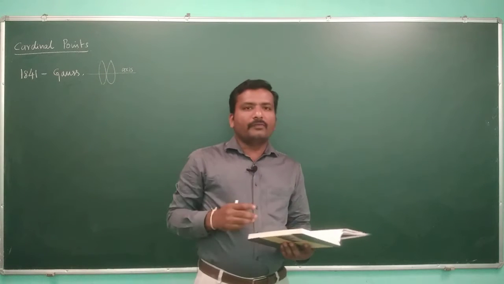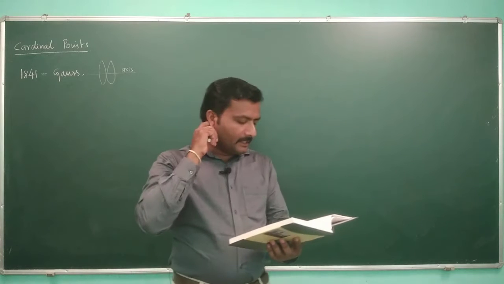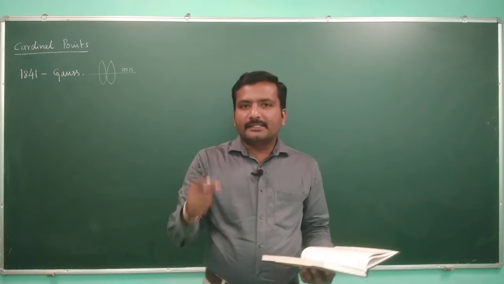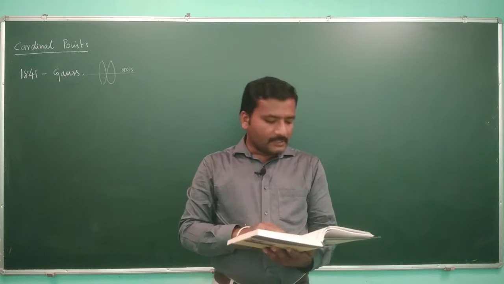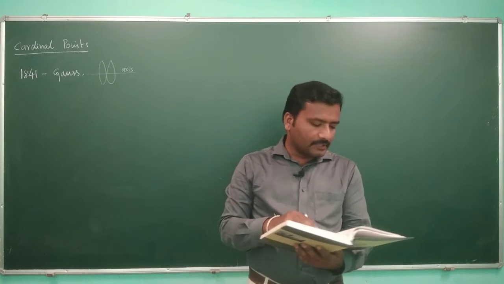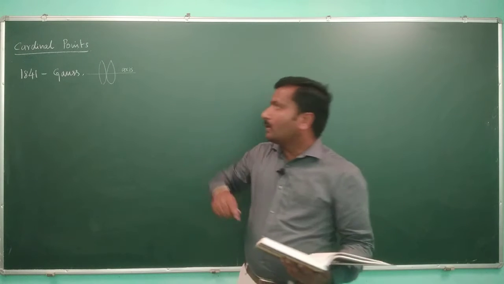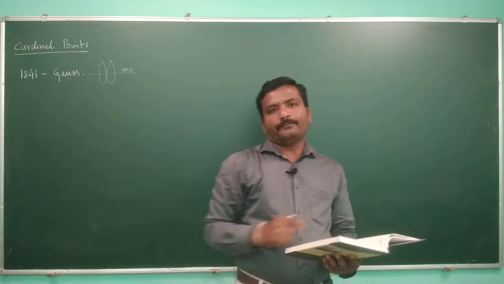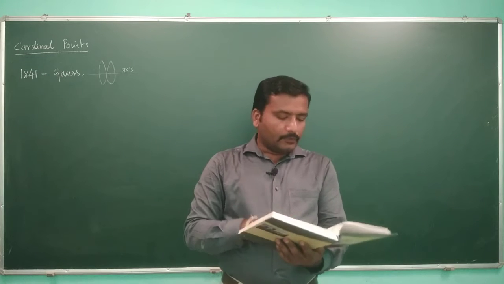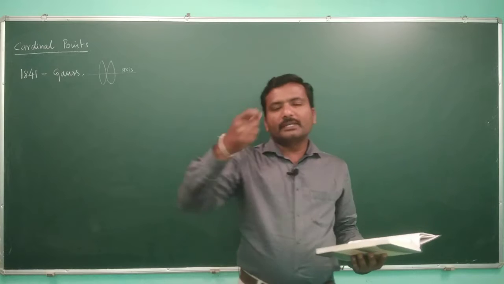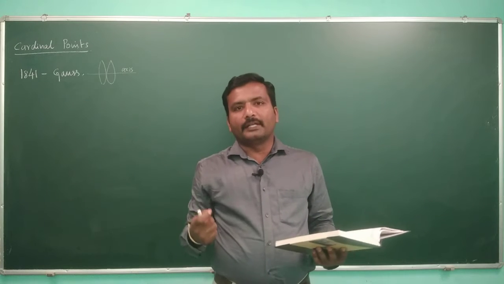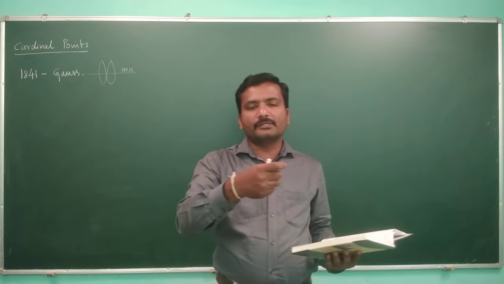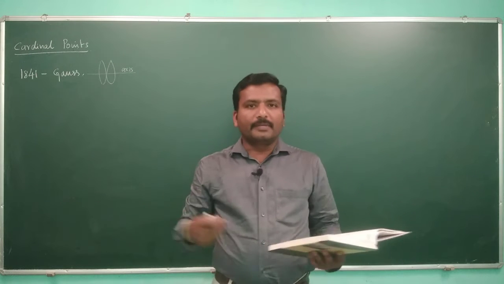Any number of such lenses can be considered as an equivalent single lens system. That is the concept given by Gauss in 1841. Once you apply an equivalent single lens, then you can apply Gauss law. Then you can end up with a single equation for focal length. So there is a separate equation for lens and a separate equation for prism and all. Fine.